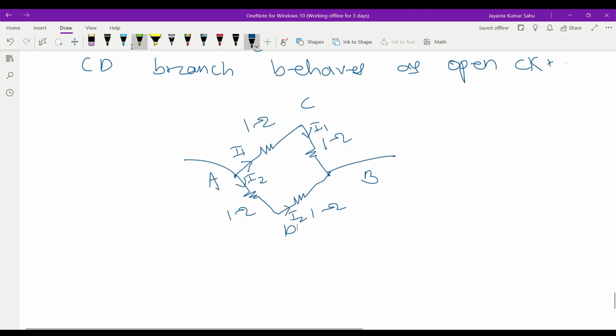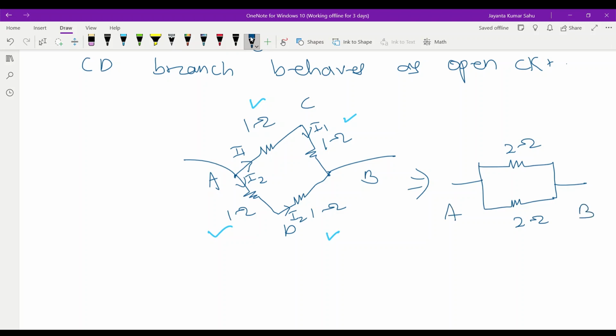That means this resistance and this resistance are connected in series: this 1 ohm and 1 ohm, with the same current flowing. Then 1 plus 1 gives 2 ohm, and this is A and B. Then these 2 and 2 are connected in parallel.